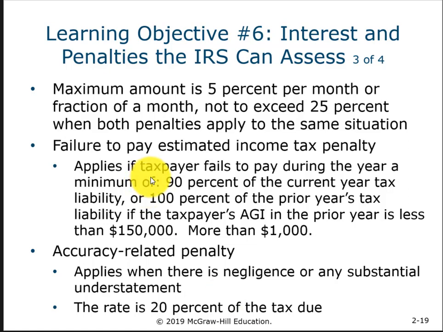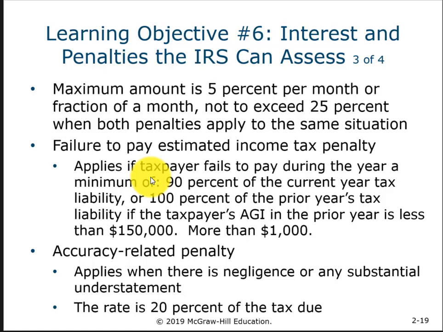Then, and this is after the due date, right? This is after April 15th. But if, as we talked about, you didn't pay in earlier, you're going to be charged interest, or a failure to pay estimated income tax penalty. That applies if the taxpayer fails to pay the current minimum of 90% of the current year's tax or 100% of the prior year's tax.